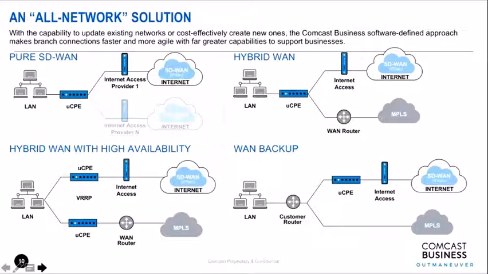The second most common is to the right of that, the hybrid WAN. And there are really two scenarios that I see for the hybrid WAN. This assumes a customer already has MPLS and needs to grow their bandwidth beyond what a lot of MPLS can provide in a cost-effective way.